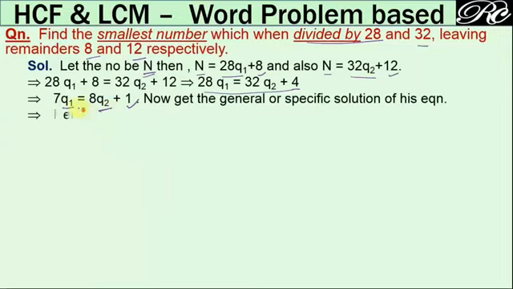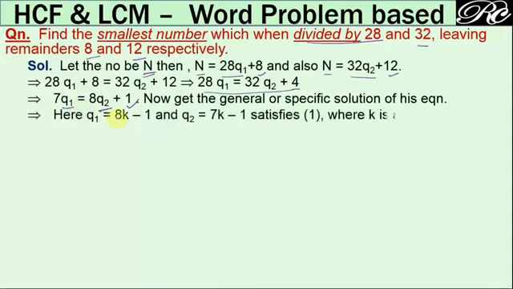If we take q1 and q2 in terms of another variable k, then that will be the solution. If we take q1 as 8k1 minus 1 and q2 as 7k1 minus 1, and substituting, we see it is satisfied. Therefore, it will be a solution.